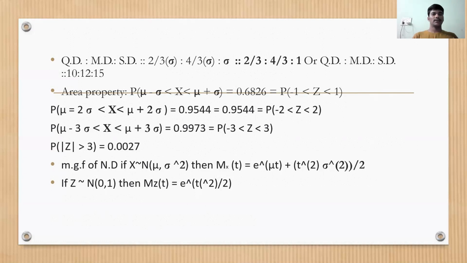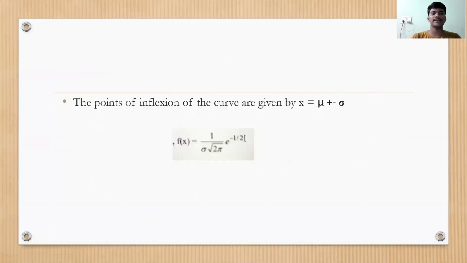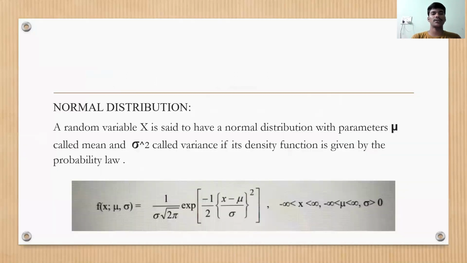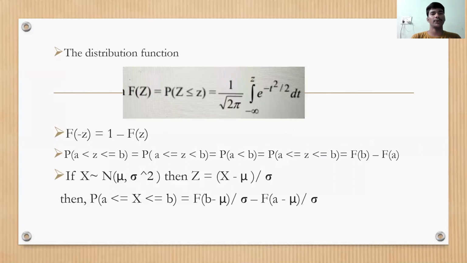And if z follows N of 0 comma 1, then M z of t is equal to e power t square by 2. Don't be confused. This is the general way to use the normal distribution, and these are the formulas so that we can continue in problem situations.